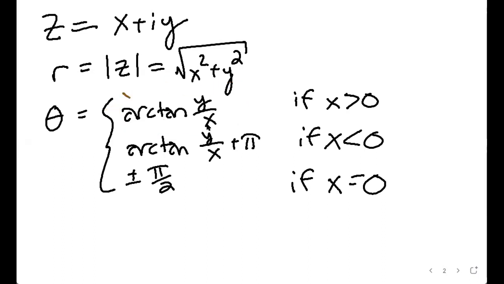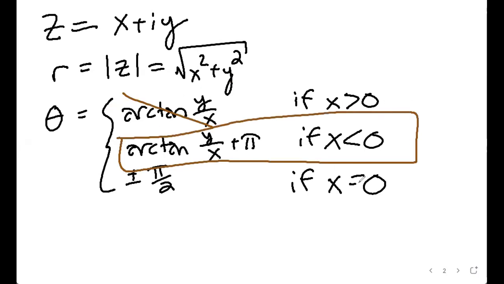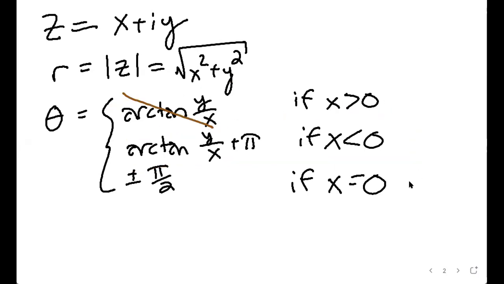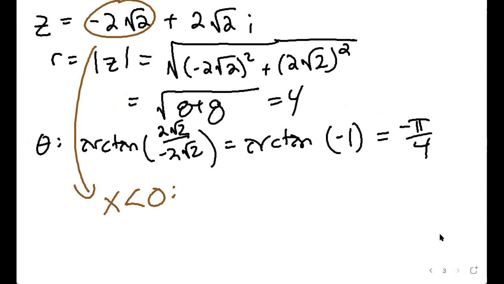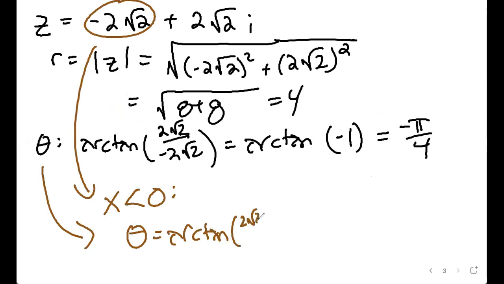We're in the case x is negative, where theta is arctangent of y over x plus pi. So minus pi over 4 plus pi is 3 pi over 4.